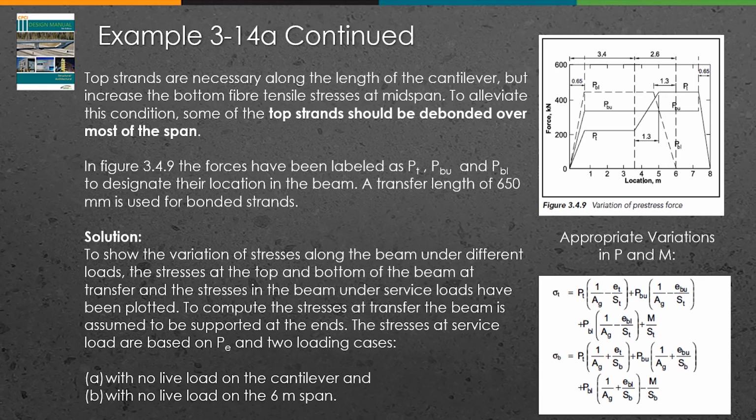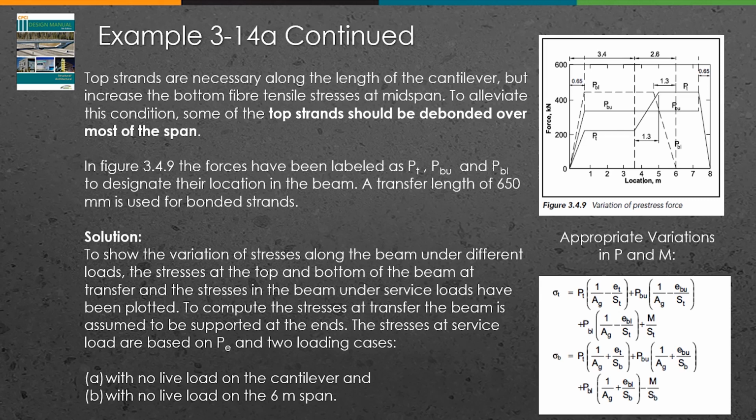The top strand developed at 650 millimeter, which is almost 50 times the diameter, and then after that, once it's debonded, it takes double as much length for debonded strands to develop.